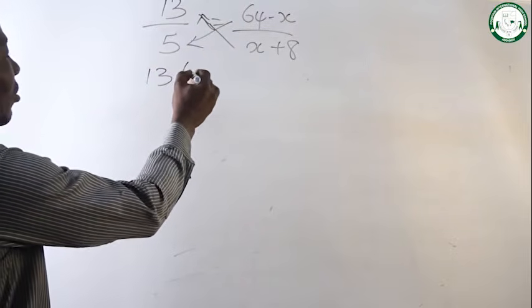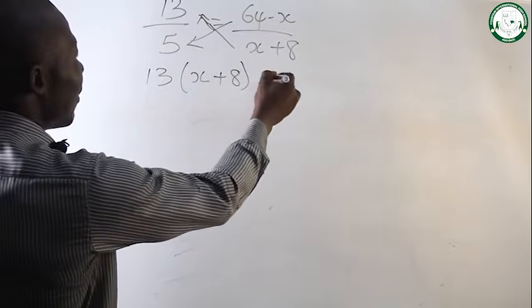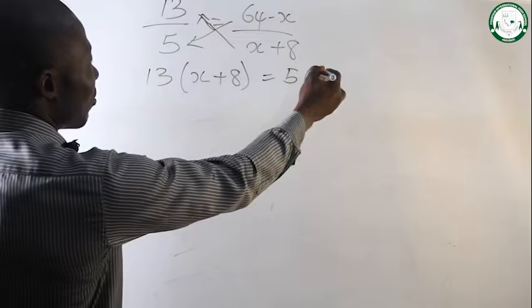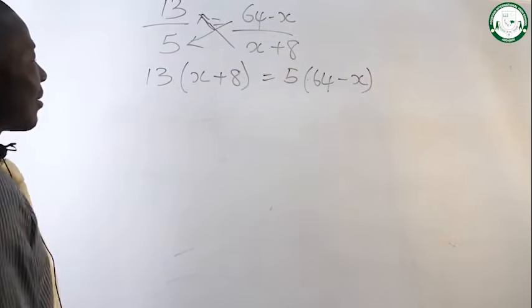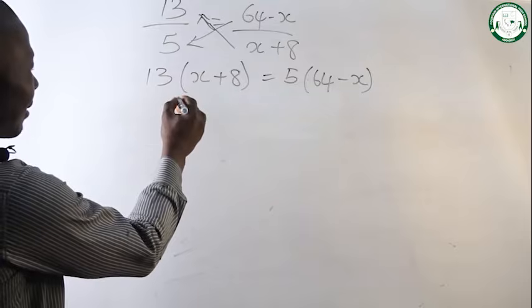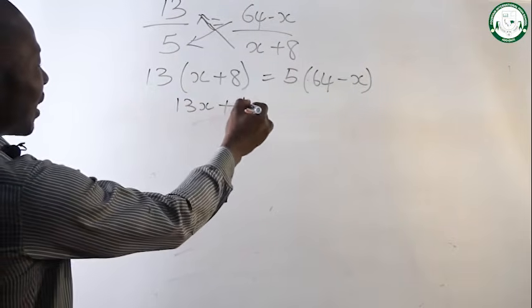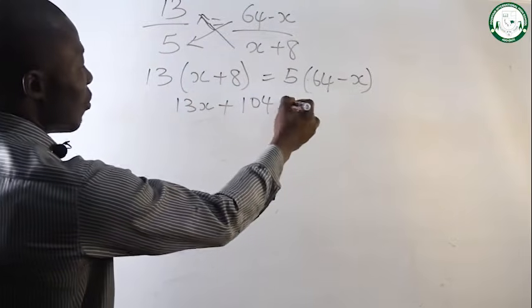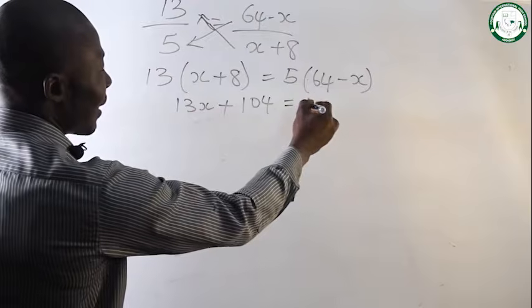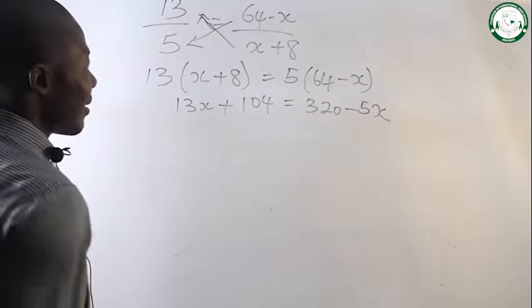13 into x plus 8 gives us 5 into 64 minus x. So 13 by x gives me 13x plus 104, 8 times 13, equals 320 minus 5x.